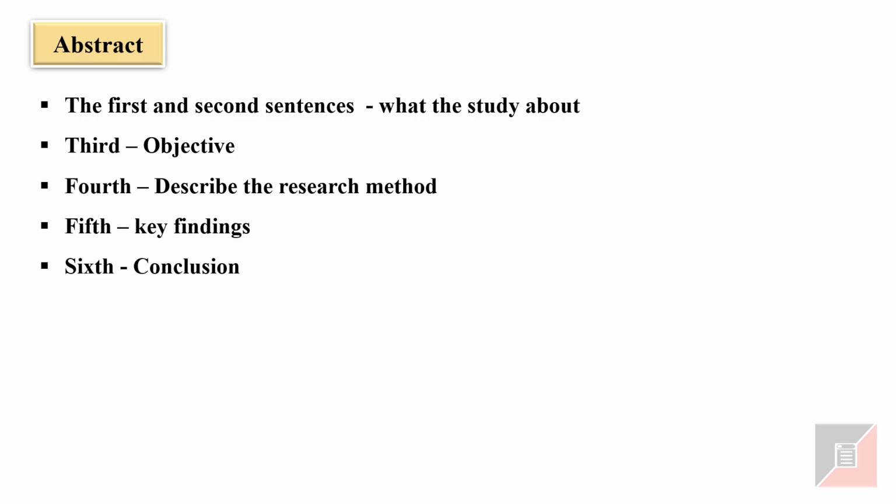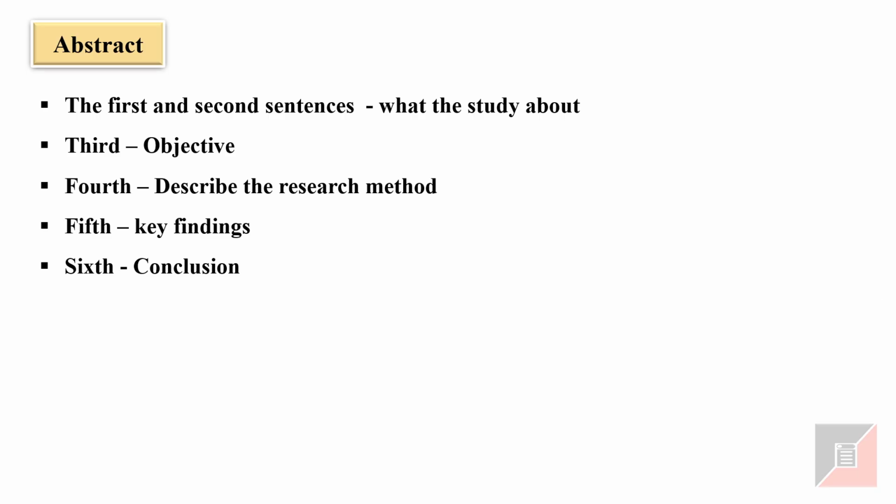The fourth sentence describes the research method. Whether you have been doing qualitative or quantitative, numerical, analytical or experimental investigation, or solving using mathematical equations and finding solutions, the methodology you have used for the research has to be described in the fourth sentence.